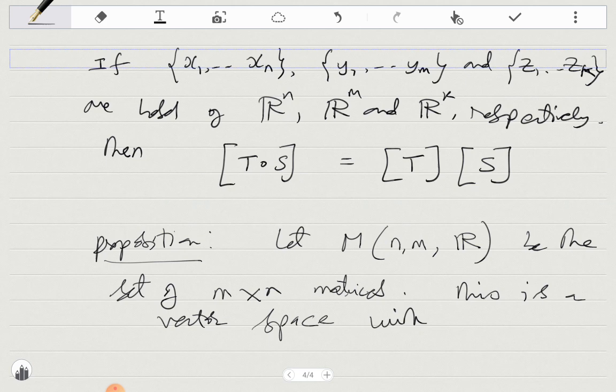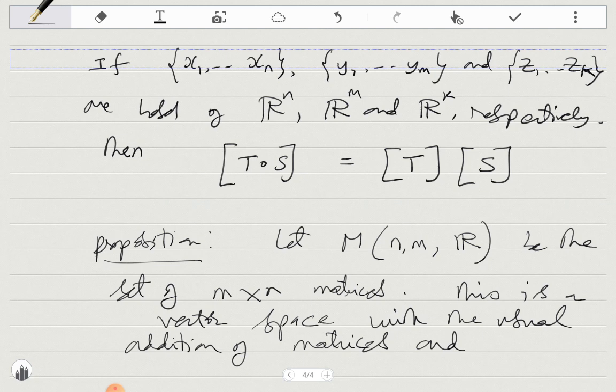with the usual addition of matrices. We know how to add matrices of the same size: we just add the corresponding entries.